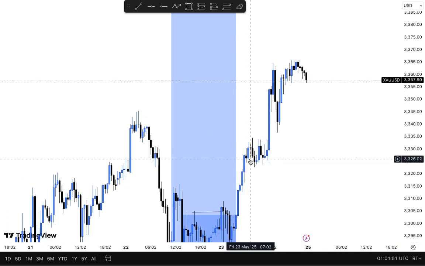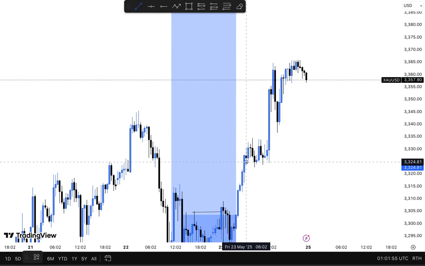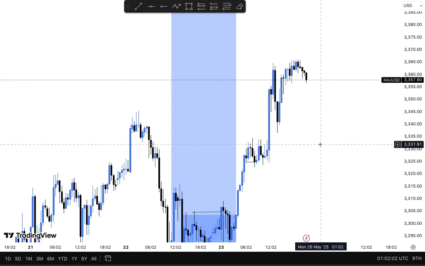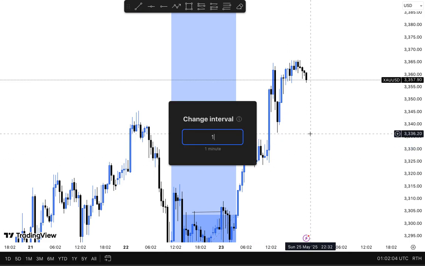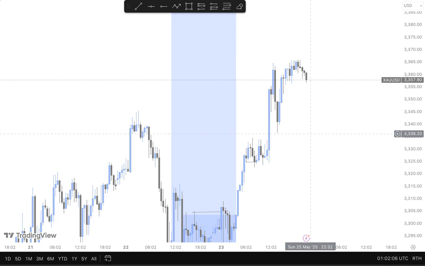So here was a bullish order block. The market swept this bullish order block. Then when you switch to the 15 minutes time frame, I guess it formed a buy side liquidity.